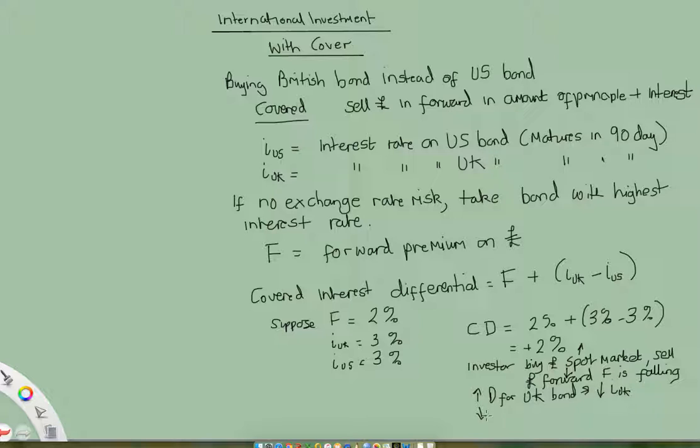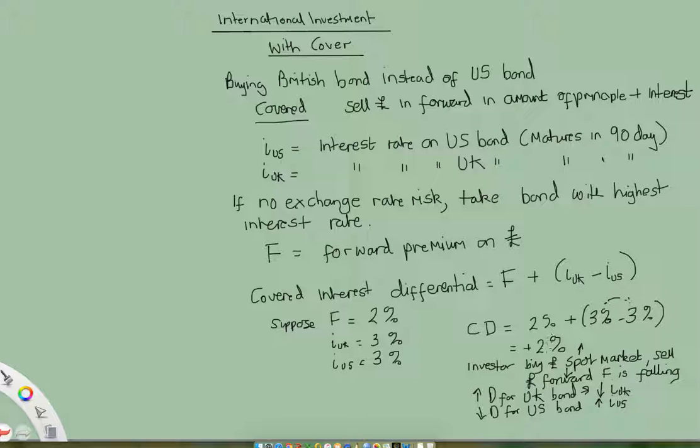And there's a falling demand for the US bond, which will put upward pressure on the interest rate. There's less money available, so the US is going to have to raise their interest rate, and you can see this is going to collapse. Well, this might even become negative, of course, if that's going on.